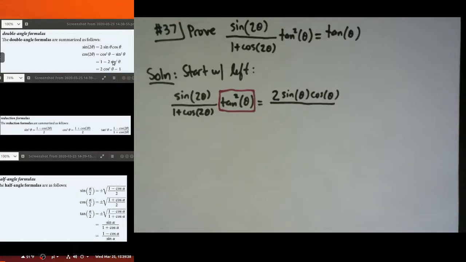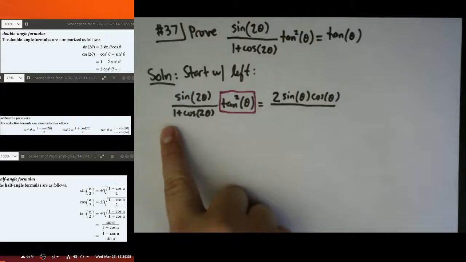If I chose the second one, then I would end up with a denominator of 2 minus 2 sine squared of theta, which is fine, but it's kind of clunky looking. But if I chose this third one, then that minus 1 that's appearing is going to cancel that 1 there arithmetically. So that's the best option here.